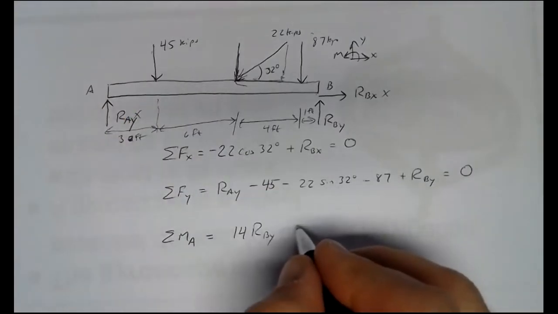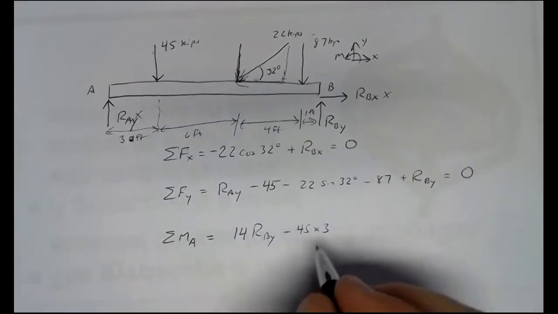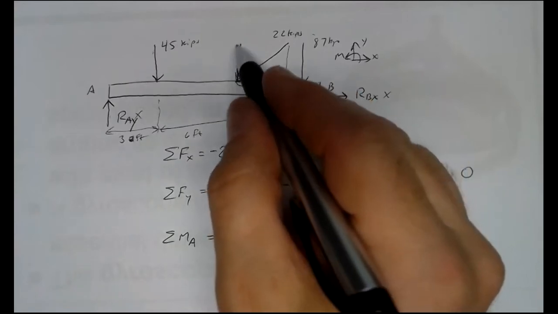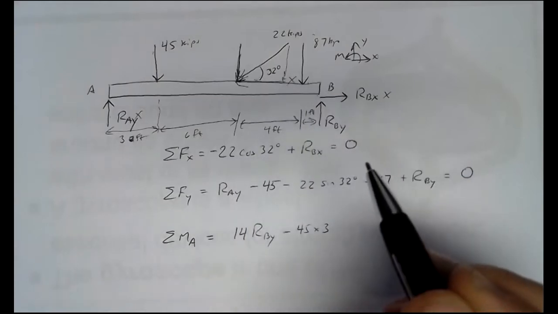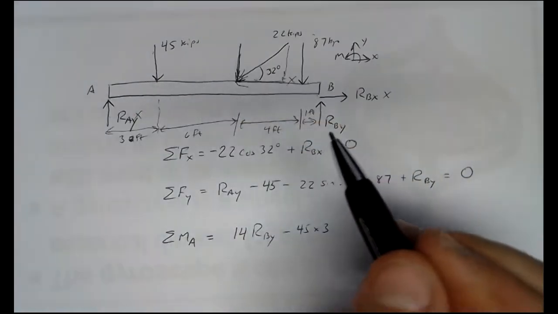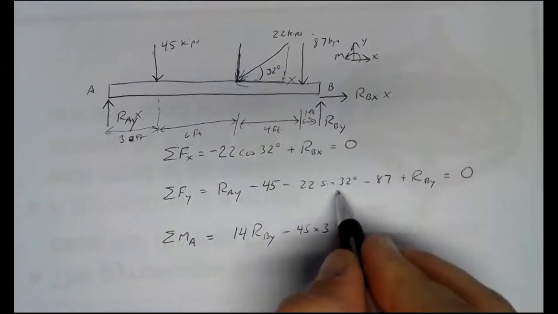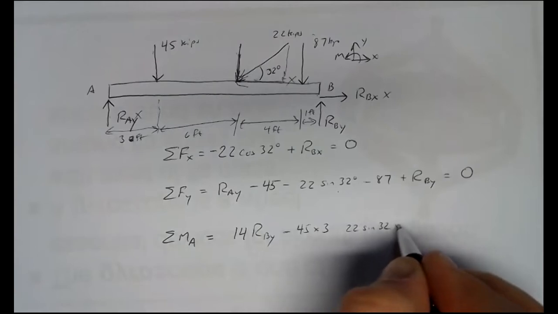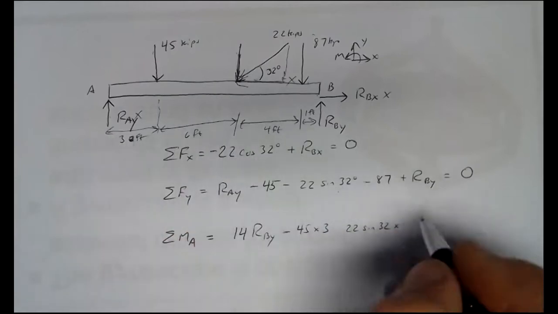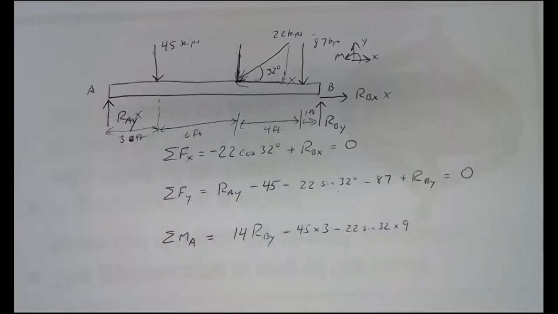45 kips is at 3 feet, so we'd have 45 times 3 clockwise, so negative. We'd have the vertical piece. The horizontal piece of the 22 kips doesn't generate a moment. It goes right through the pivot point. So just the 22 kips sine 32 times the arm of 9 feet, also negative, clockwise.